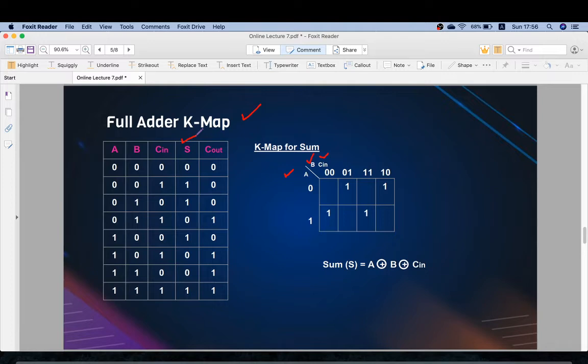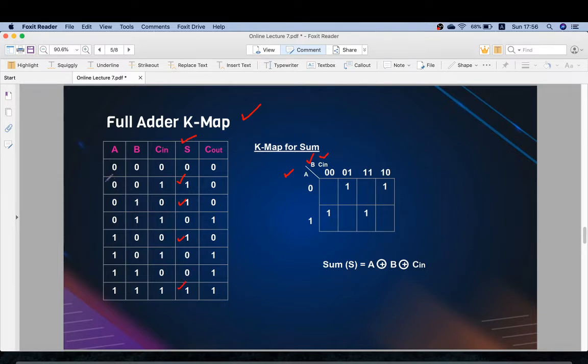Generally we always use the SOP form, so that's why I am taking 1 variables. So we will mark the 1 variables wherever they are in this column to the K-map. There are 4 ones which we have to mark in the K-map for the sum.